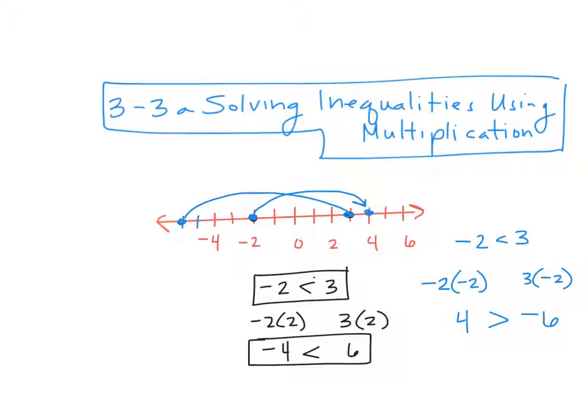So if you multiply by a positive, your symbol stays the same. But if you multiply by a negative, what was less than becomes greater than. And what was greater than becomes less than, okay? That's the concept you have to be very careful with in this section. If you multiply both sides by a negative number, you have to flip your inequality the other way, okay?